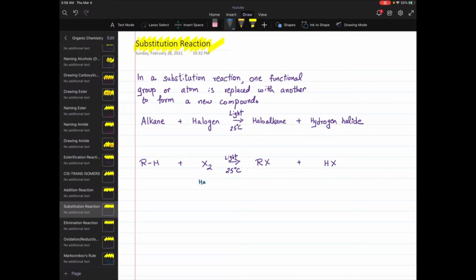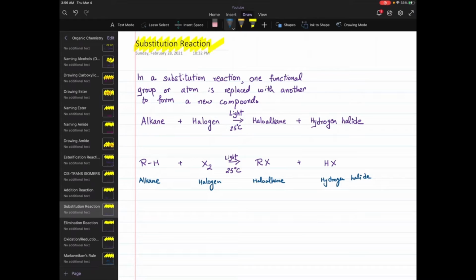This is our halogen, and this would be our alkane here. And so alkane plus halogen will form our haloalkane. In other words, the halogen has attached to the alkane, and we have hydrogen attached now to the halide.